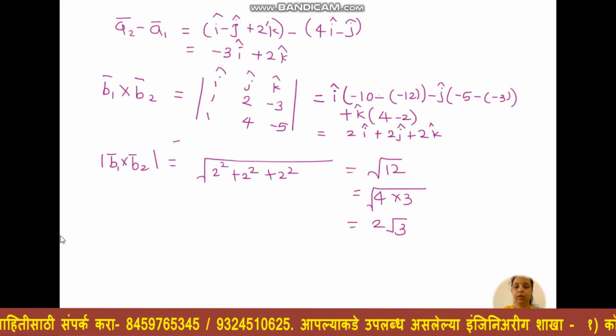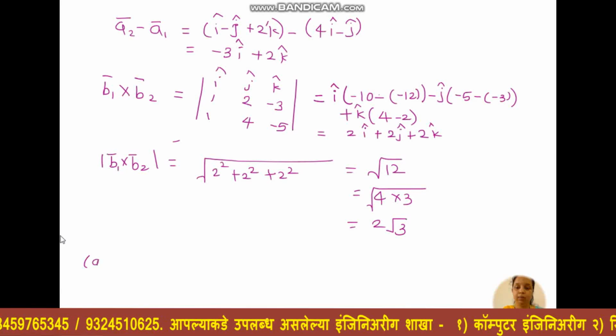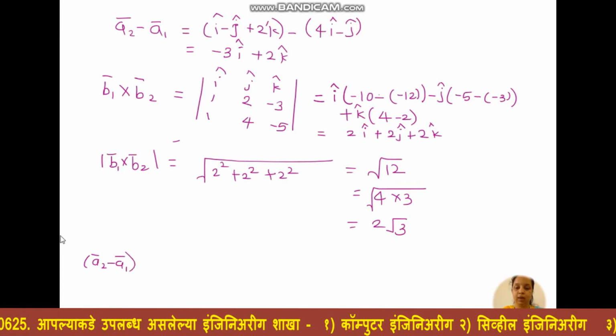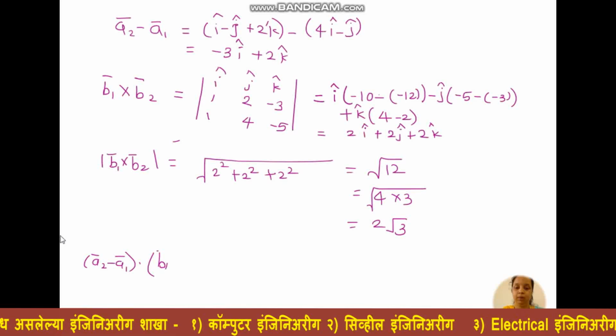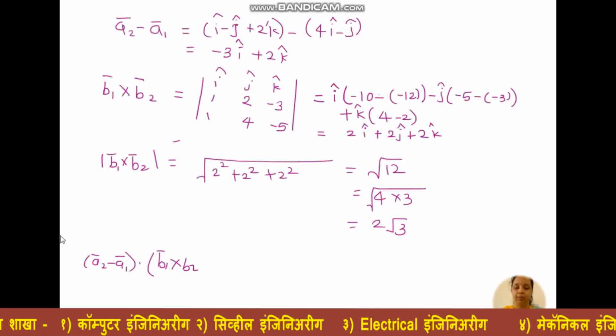Now we calculate a2 bar minus a1 bar dot b1 bar cross b2 bar.